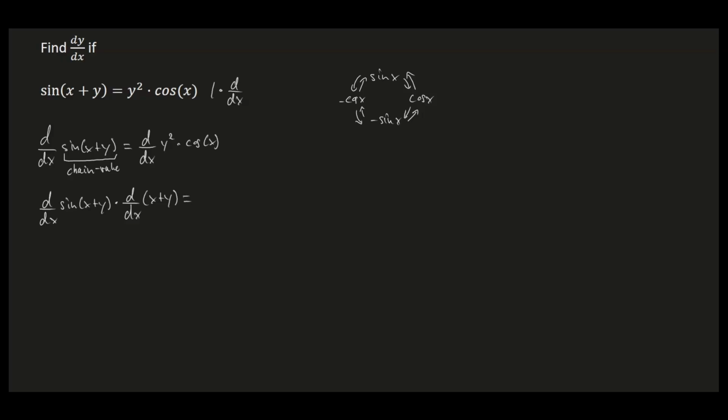And on the right hand side, we have to use here the product rule, because we have a function here and times another function, we have to use the product rule. So the product rule goes like this.